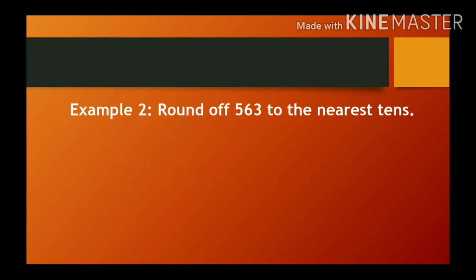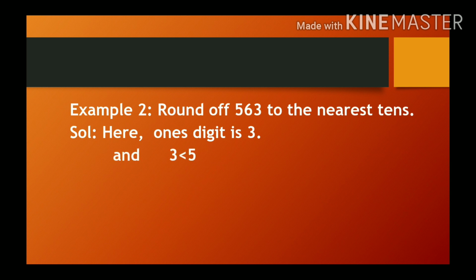Now let's see another example. Example 2. Round off 563 to the nearest tens. Solution. Here the ones digit is 3 and we know that 3 is less than 5.